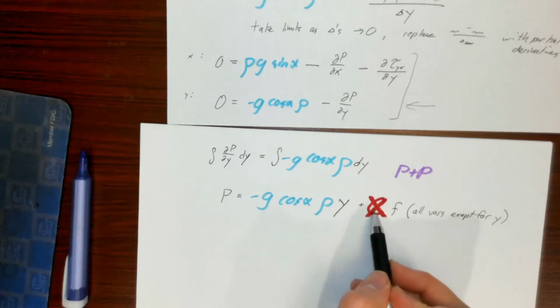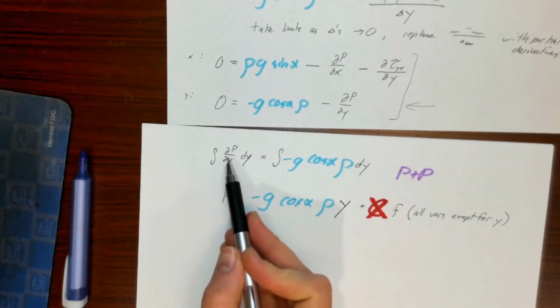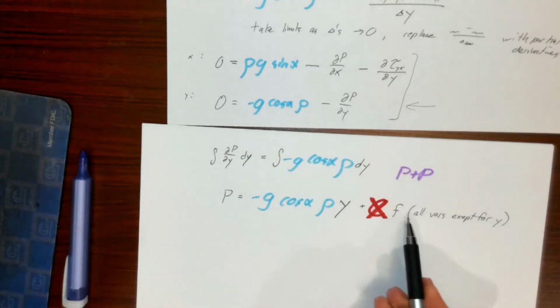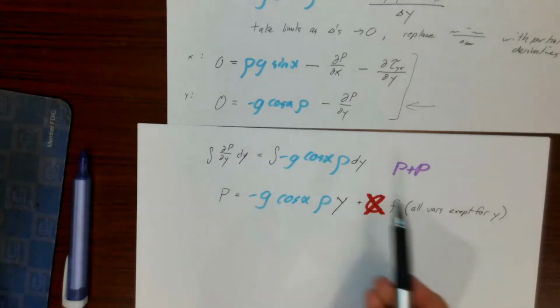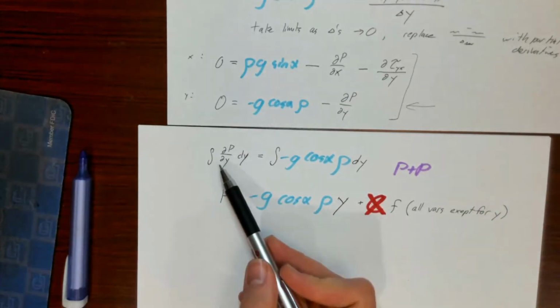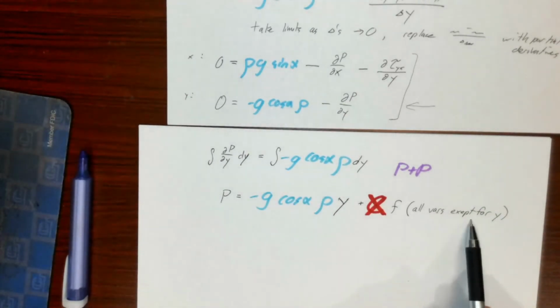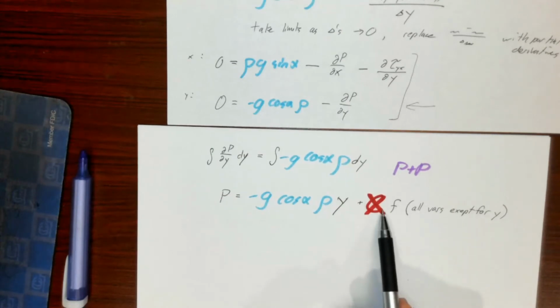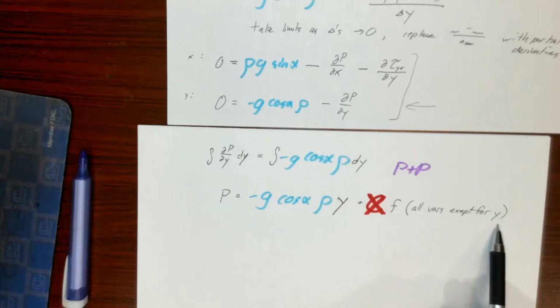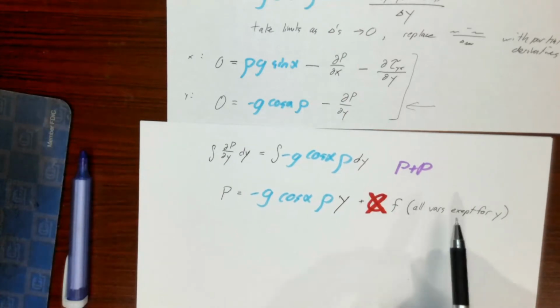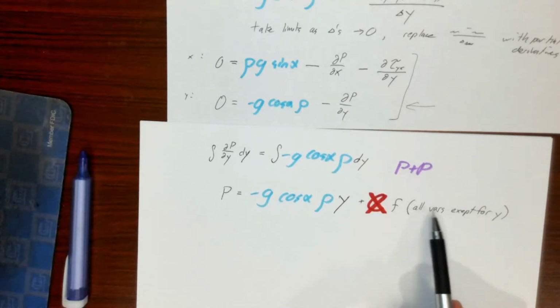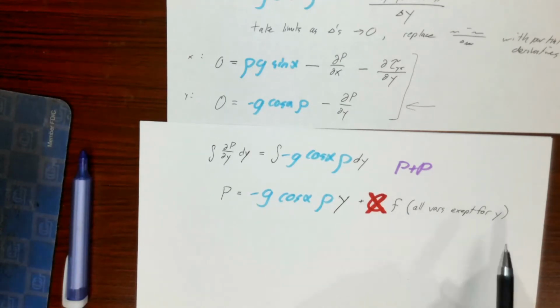So instead of getting a constant of integration, when you have partial derivatives, you get a function of integration, a function of all of the variables except y. Why is it a function? Well, if I take a partial derivative of this function of all variables except y with respect to y, it appears just like a constant would be, because when you're taking partial derivatives, you treat everything else like a constant.